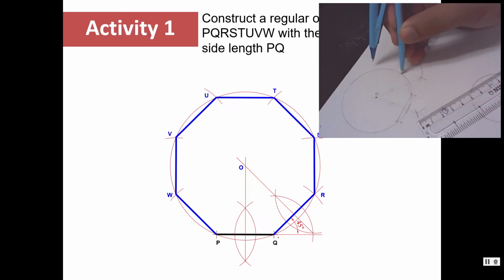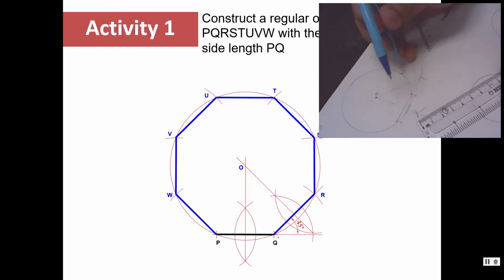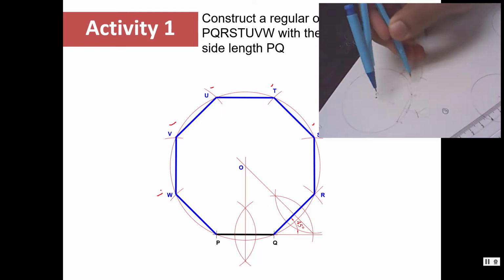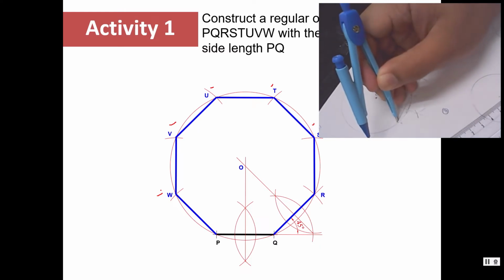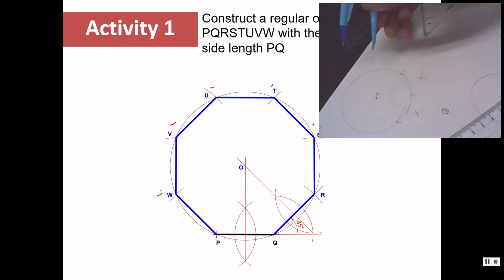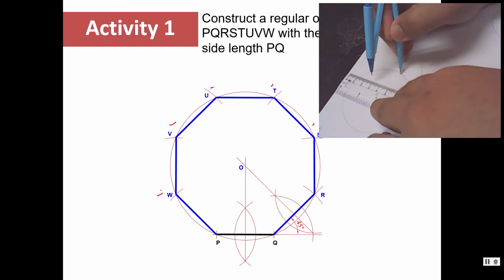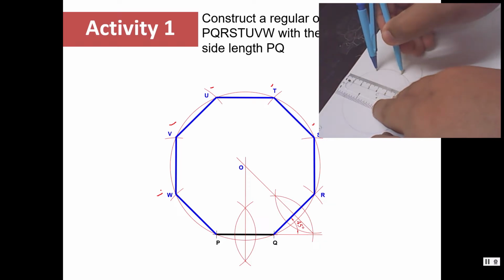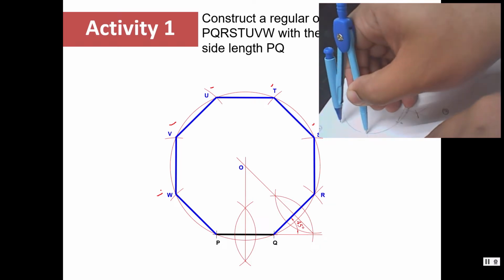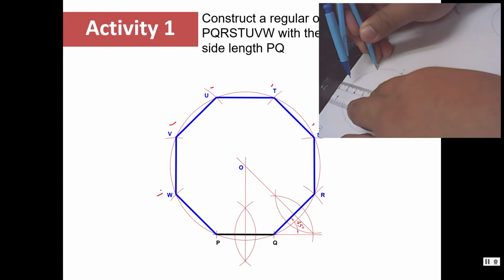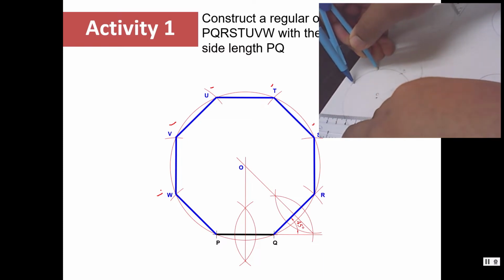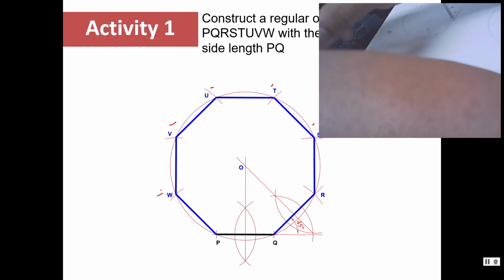The next step is to draw a distance of 30 mm to get the other points, S, T, U, V, and W. So similar like that, what we need to do is to take the 30 mm distance from point P. So this is one point, and then from here is another point, from here is another point, and then we are going to have a point here and from here too.